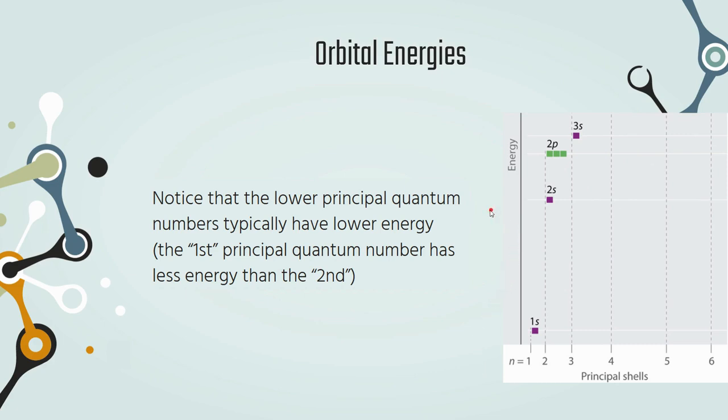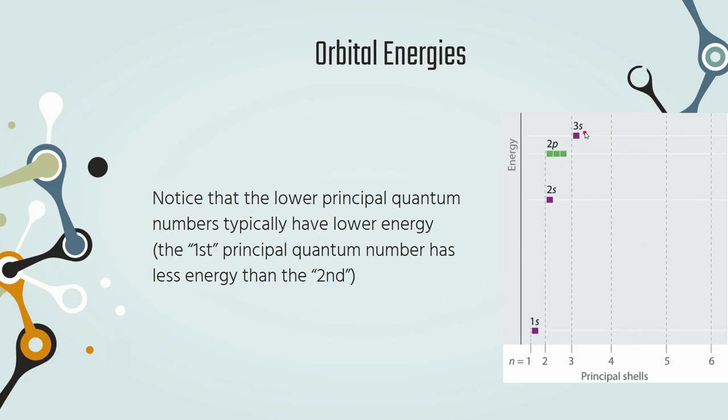And we can see that the principal quantum number, remember that's the number that goes in front of the orbital, typically orbitals with lower principal quantum numbers have lower energies. This is almost always the case. We can see in the chart the 1s orbital has less energy than the 2s orbital, which has less energy than the 2p, but these 2p's and 2s's, they're the same principal quantum number, and they're kind of at similar energy levels.